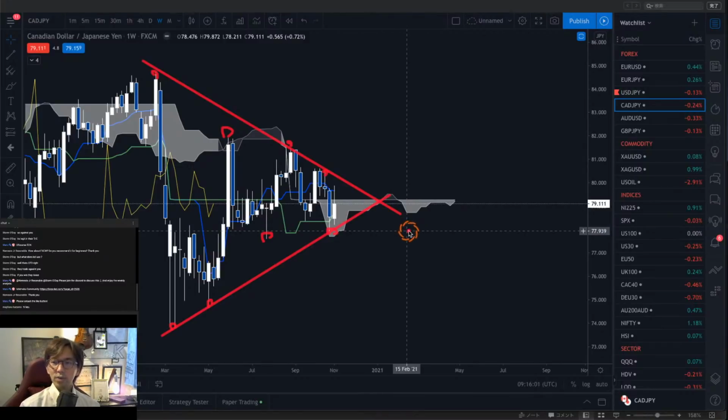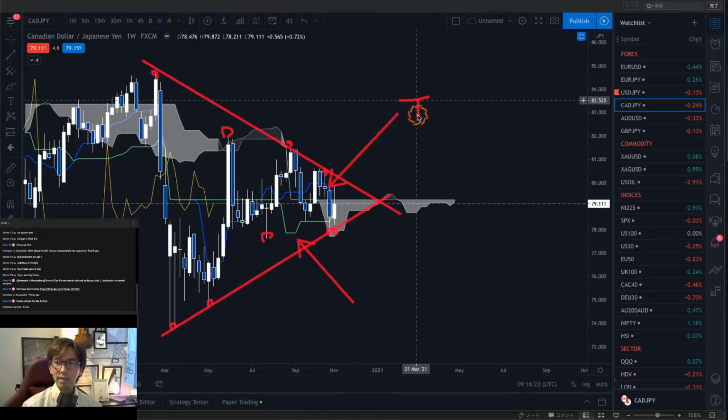Oh yeah, and also in the P wave, the potential breakout direction is captured by the Tenkan-sen and Kijun-sen locations. In this case, the blue one is the Tenkan-sen, and the green one is the Kijun-sen. So let me just put the T and K. You can simply see the Tenkan-sen is above the Kijun-sen.